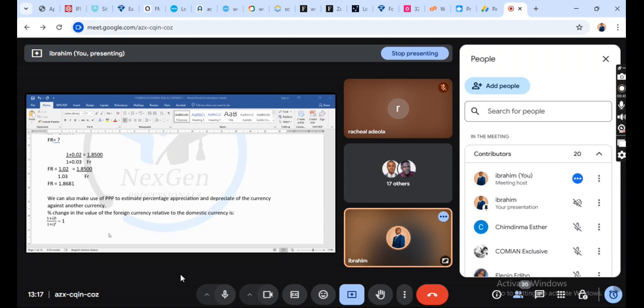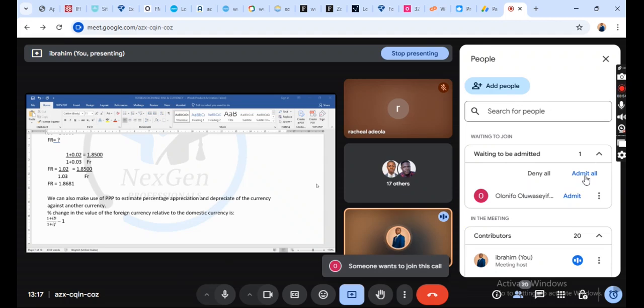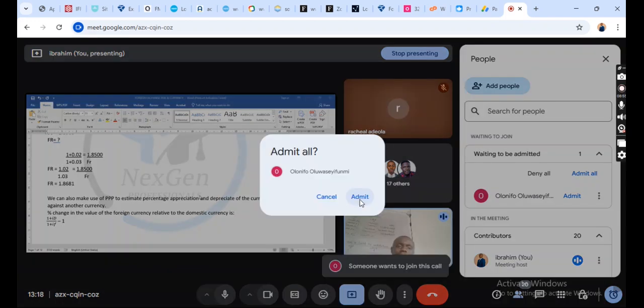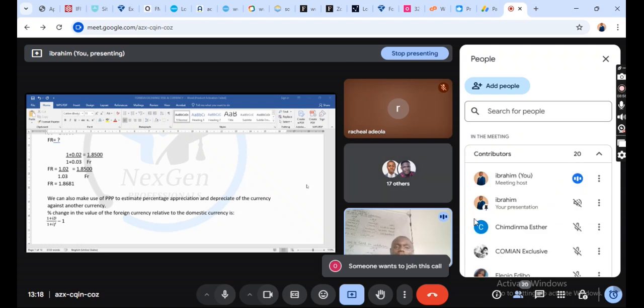Or let's start from the spot rate. The question is, is your spot rate depreciating or appreciating? I've given us an instance where you have a Nigerian currency of 1,650 to a dollar, right?